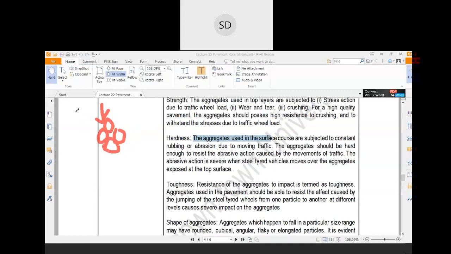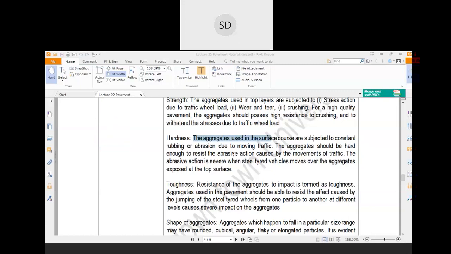To resist this, or to eliminate the effect of the abrasion, the aggregate must be hard enough, because due to excess abrasion the aggregate gets deteriorated and can become dust particles. Therefore, the aggregate must be hard enough to resist these abrasive actions.